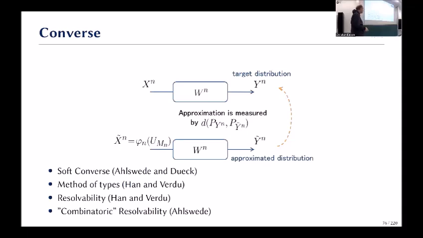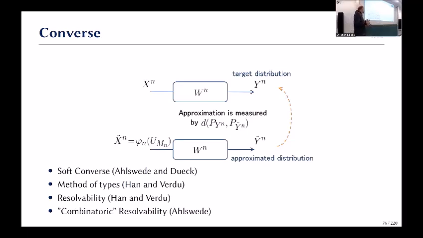And there was a nice discussion between Han and Verdú and Ahlswede, because they used analytic methods, and Ahlswede told them it must be possible to do it with combinatorics. And somehow they argued that it's not possible. It's so difficult.